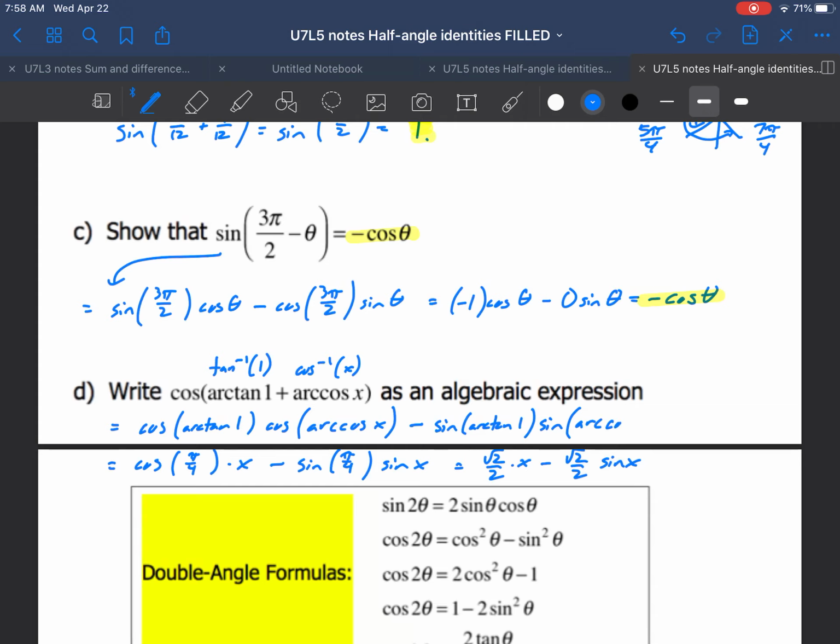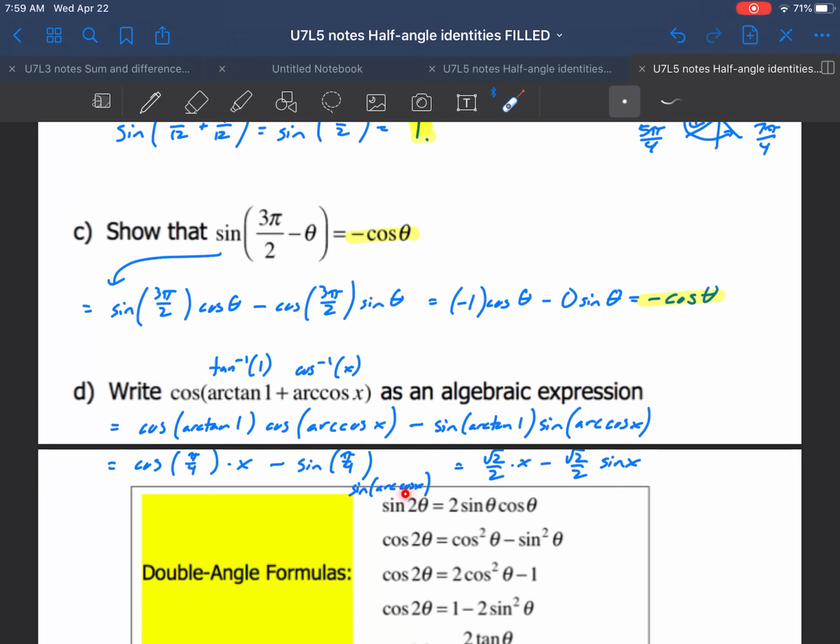So this should be sine of arc cosine x. And that means this should be the sine of the arc cosine of x. I don't know how I'm going to fit that. Shoot. Let's see. Maybe I can just write it like this. Sine arc cosine of x.